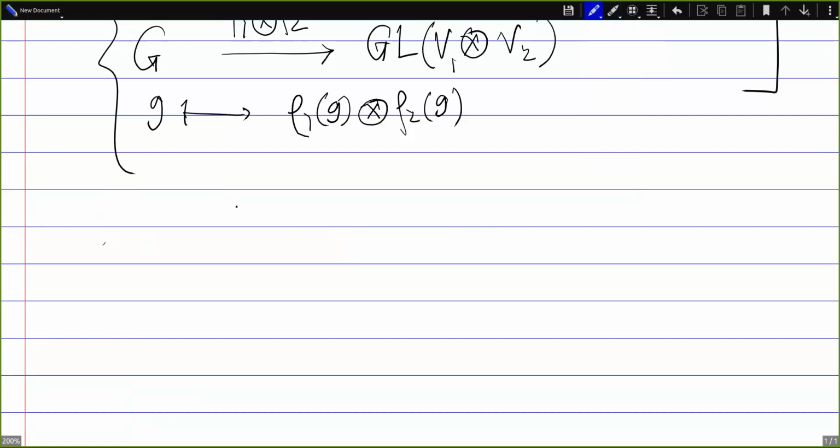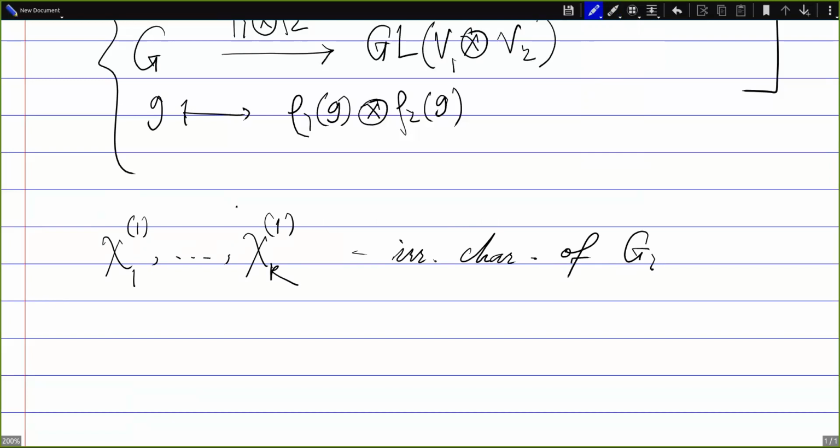Suppose that chi_1 up to chi_k are the irreducible characters of G1, and chi_1 up to chi_L are irreducible characters of G2.